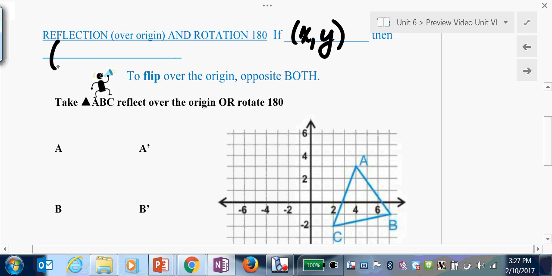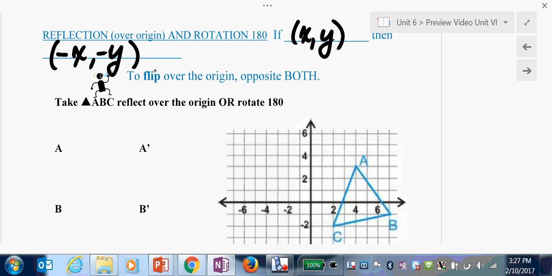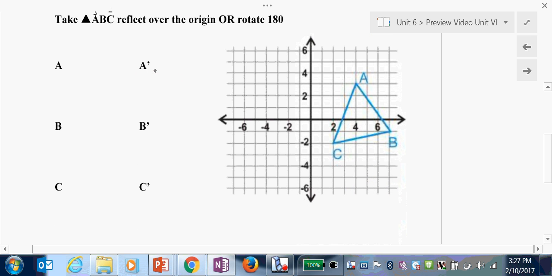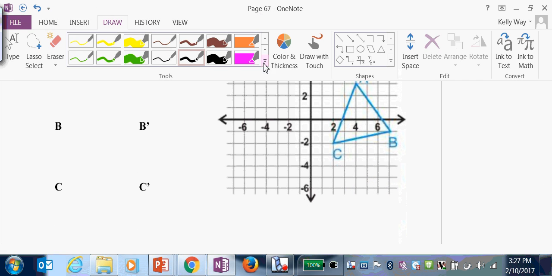You just take your XY and you opposite them both. Origin, opposite both. To flip over the origin, opposite both. You'll understand.